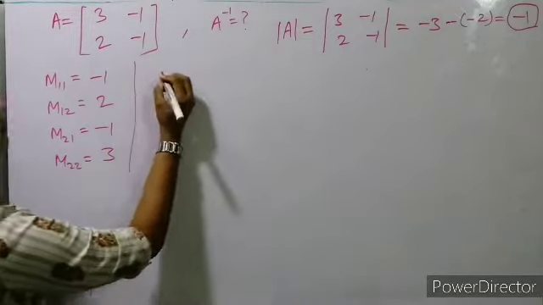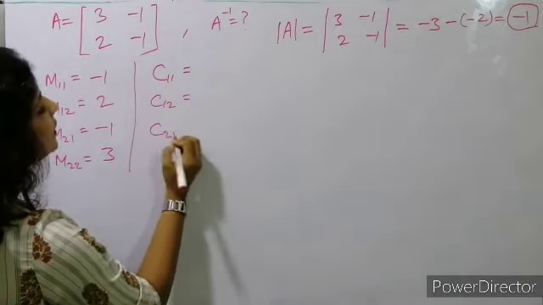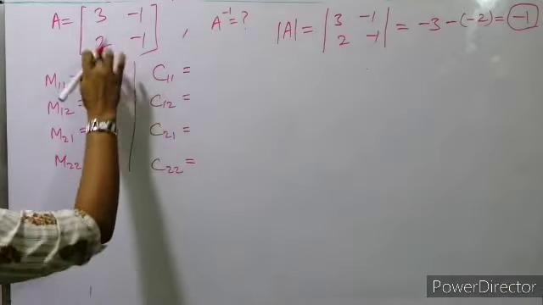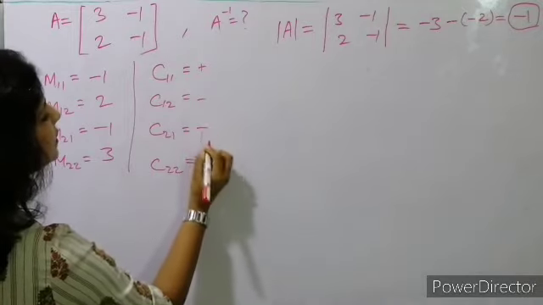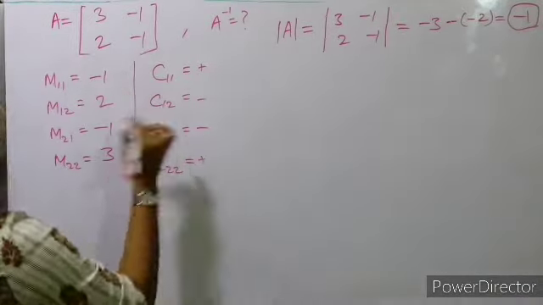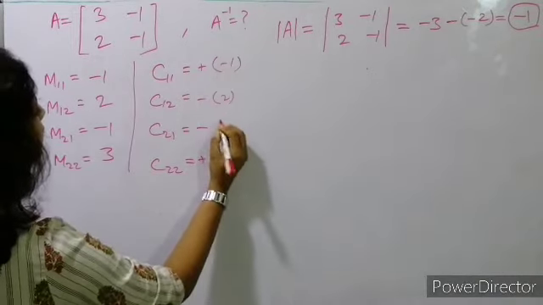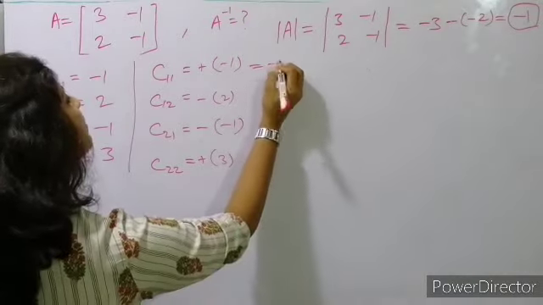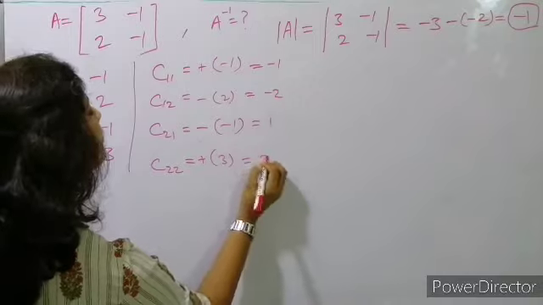Now we have to find the cofactors C11, C12, C21 and C22. The signs are plus minus minus plus. So we write the same values with those signs: minus 1, 2, minus 1, 3, giving minus 1, minus 2, 1 and 3.